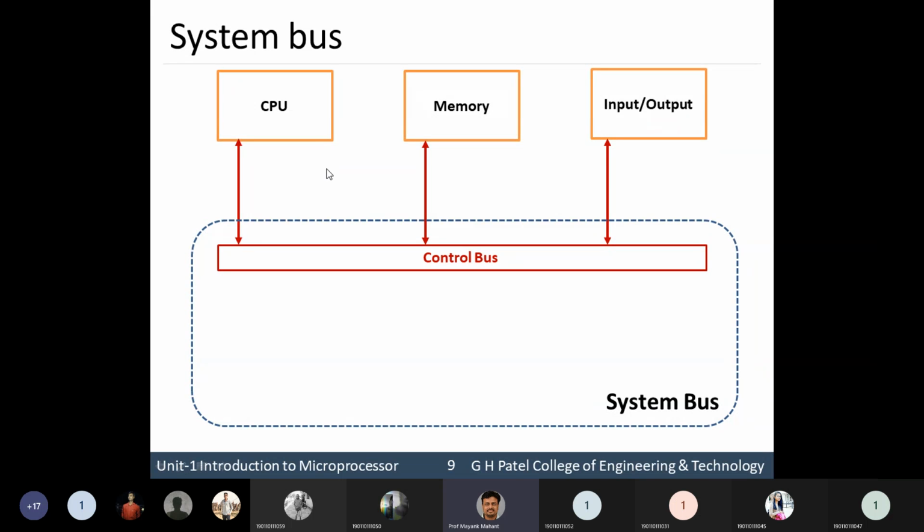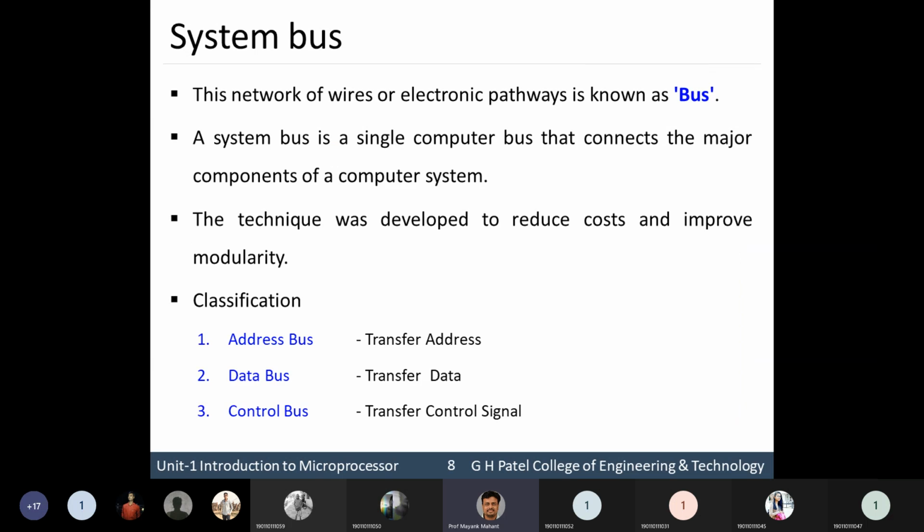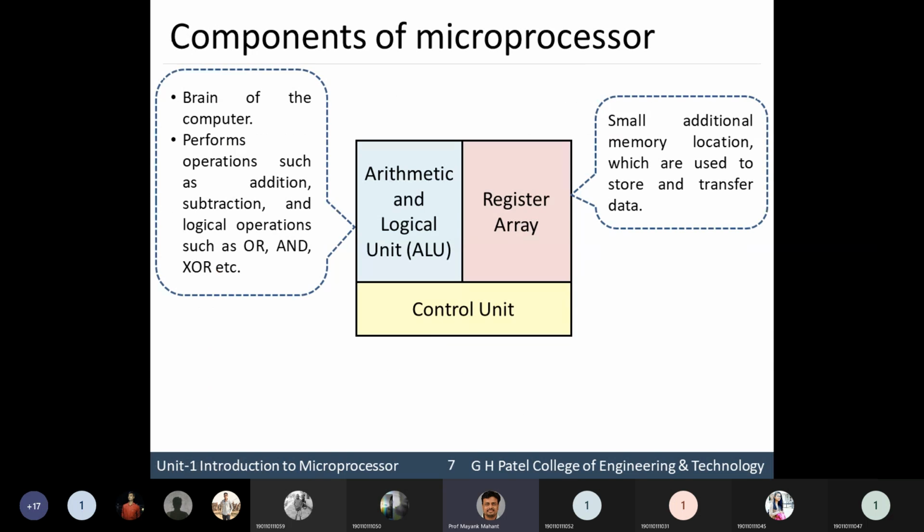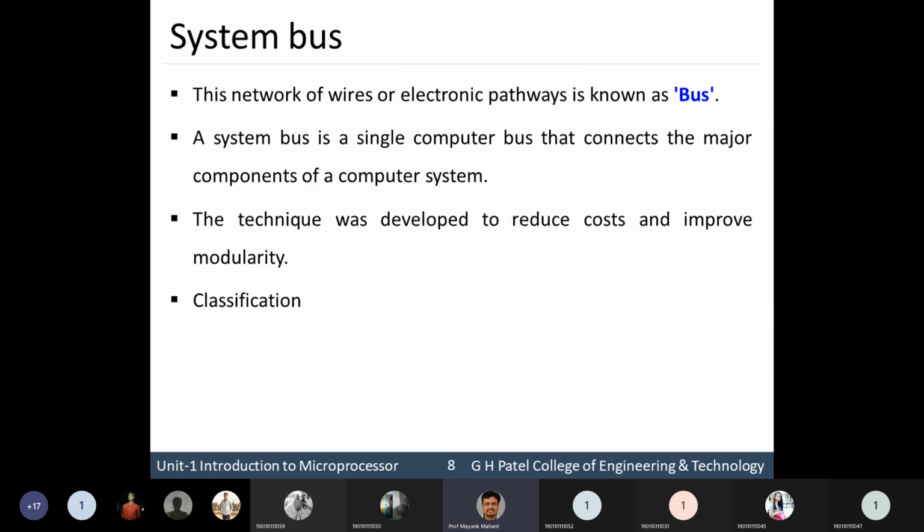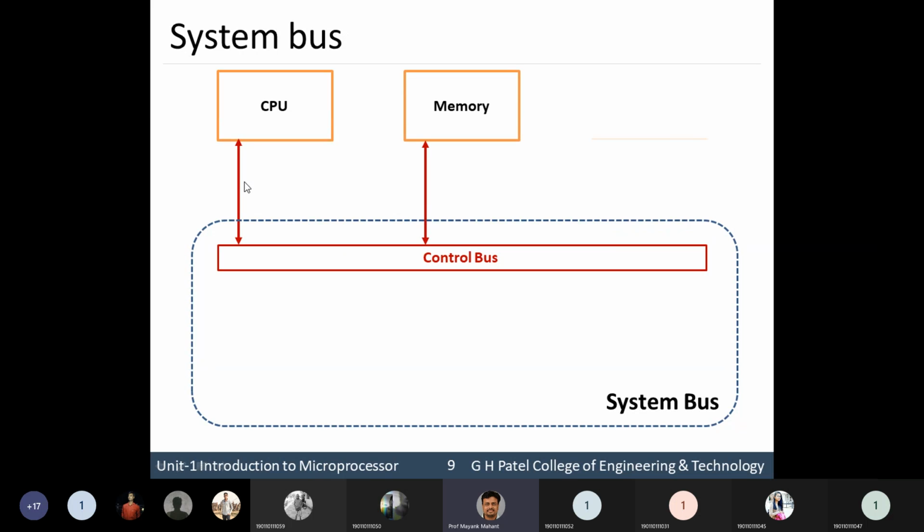Whatever control signals are generated by the control unit in the CPU, the control unit generates a signal: at what time which particular memory is to be accessed, whether to access memory or an IO device, whether to access input or output. All that is generated by the control unit, and they are physically connected with the help of a bus. That is what we call the control bus.